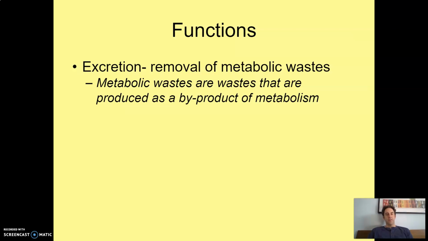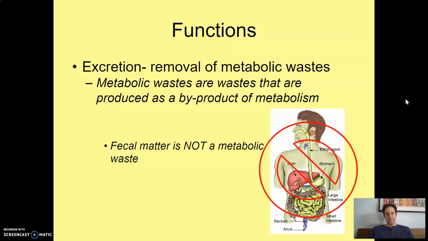Another major function of the urinary system is excretion. Now, excretion is the removal of metabolic waste, and I want to talk about that term, metabolic waste. These are wastes that are produced as a byproduct of your metabolism. Fecal matter is not a metabolic waste.